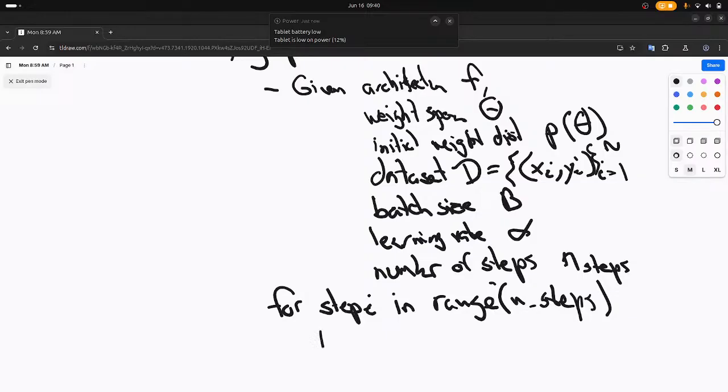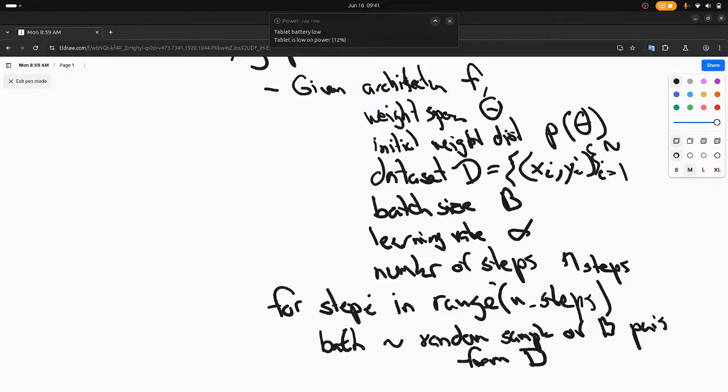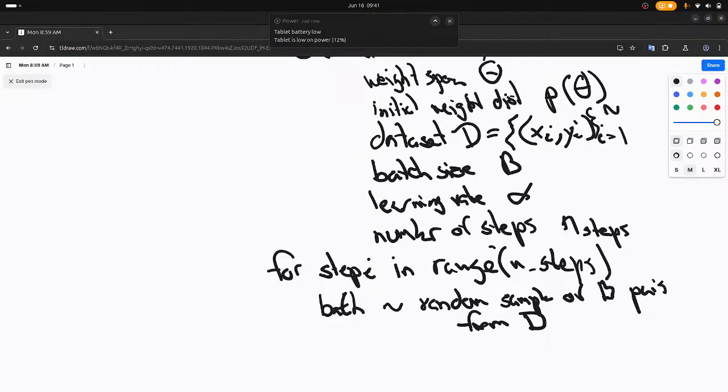We're going to sample a batch, a random sample of B pairs from our dataset D. Before this, we are going to say phi 0 is sampled from P0.